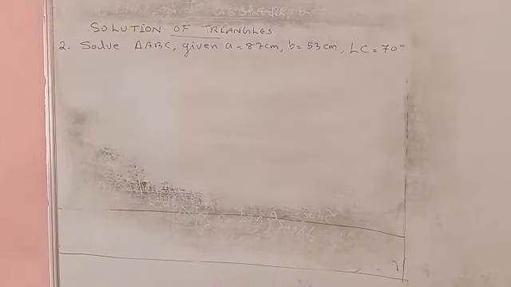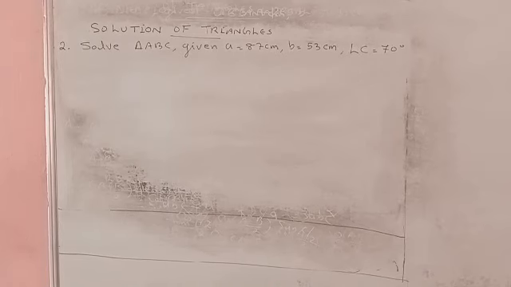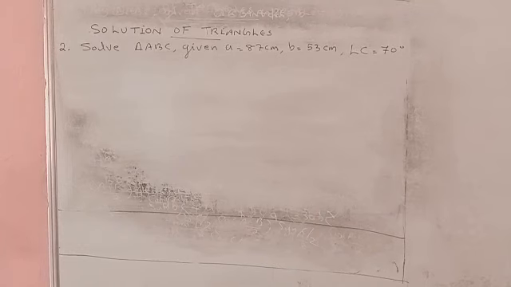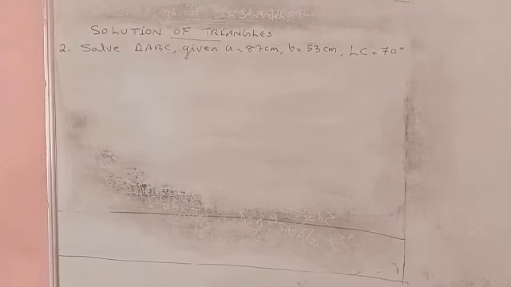Next problem, solve triangle ABC. Given a is equal to 87 centimeters, b is equal to 53 centimeters and angle C is equal to 70 degrees. Here C is the included angle between the sides a and b.